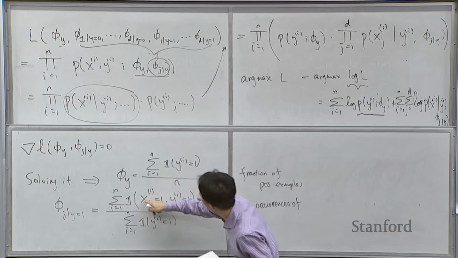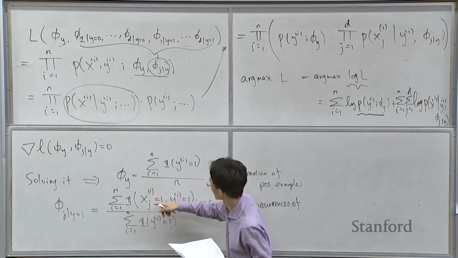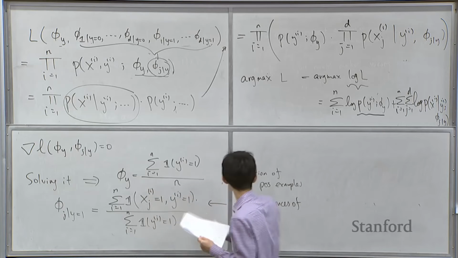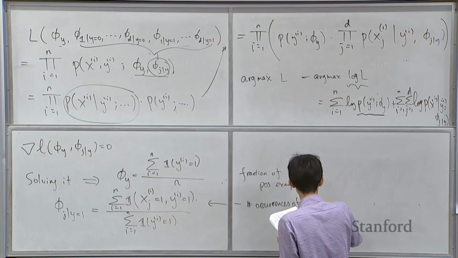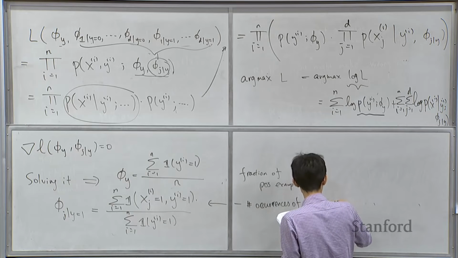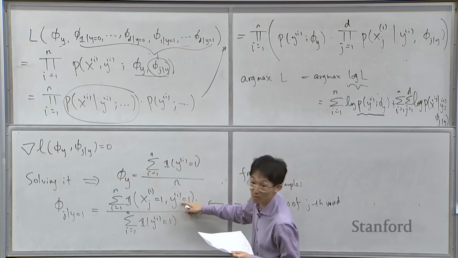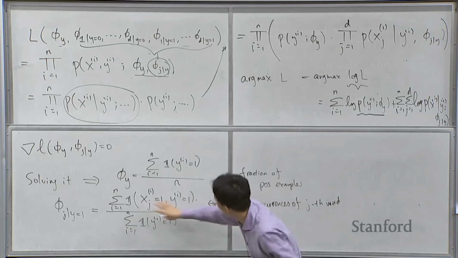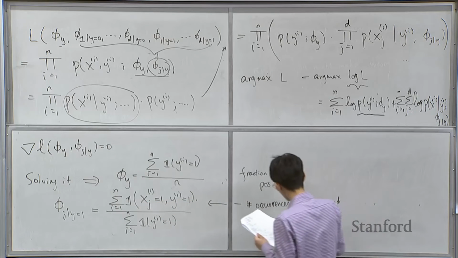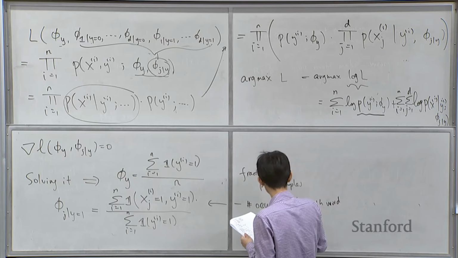This is xji is 1, which means that the jth word shows up in the ith example. And you also require that the ith example is a positive example.